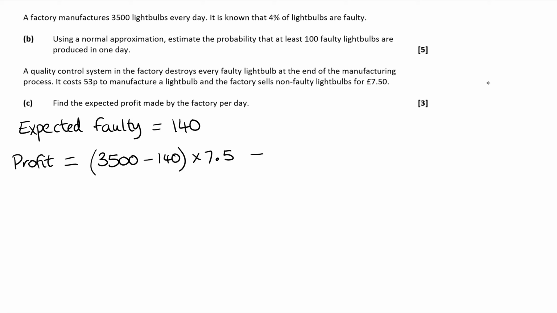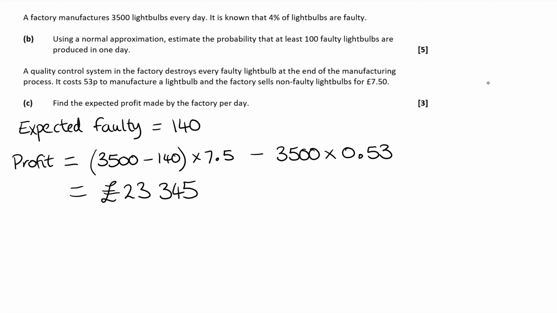We then have to take away the cost of producing them, and remember, even if they're faulty or non-faulty, you still have to produce them in the first place. The cost is the same. So then we just times that by 0.53. Be very careful here. You've got pounds there, you've got pence there, so just make sure you don't make that mistake. And then just simply work that all out.